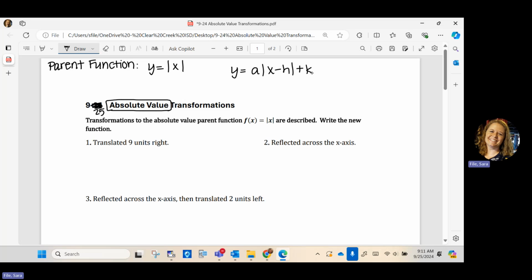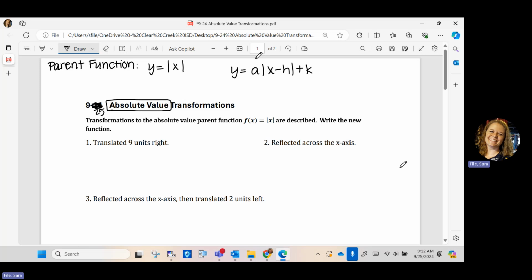So this is what the equation looks like. And in those notes, we talked about what A, H, and K mean and how they affect your graph. Again, if you don't remember that, go back and watch that lesson. You learned transformation rules back in previous math classes, but we did that lesson last week. You were supposed to watch that video and take your notes.